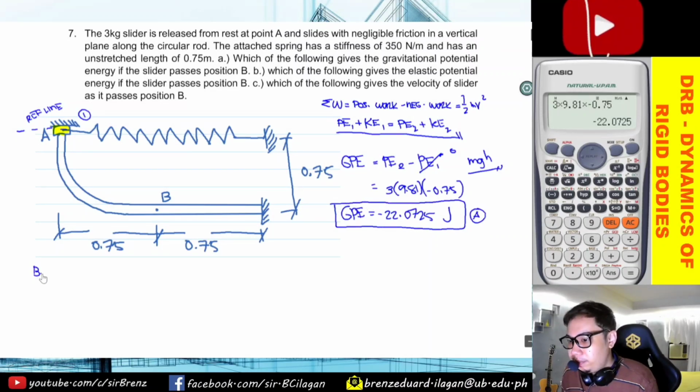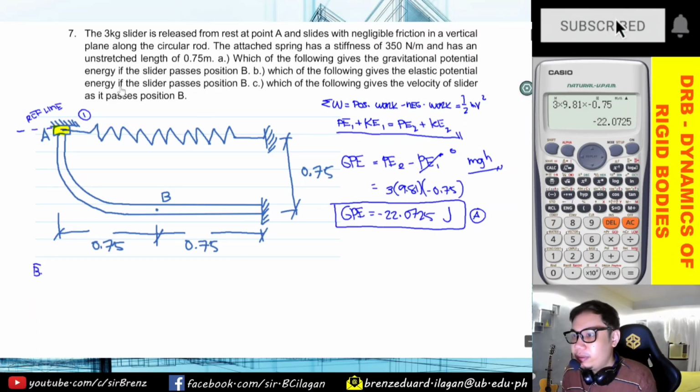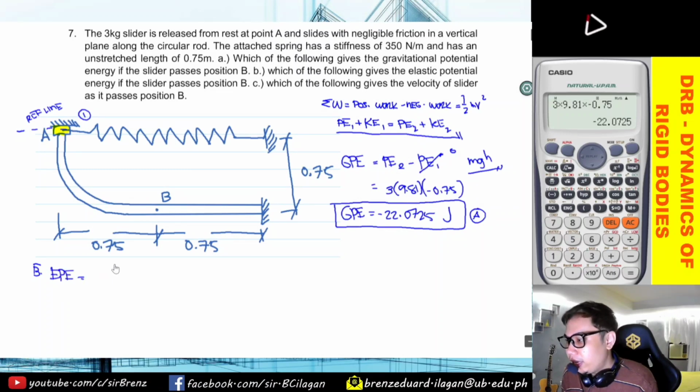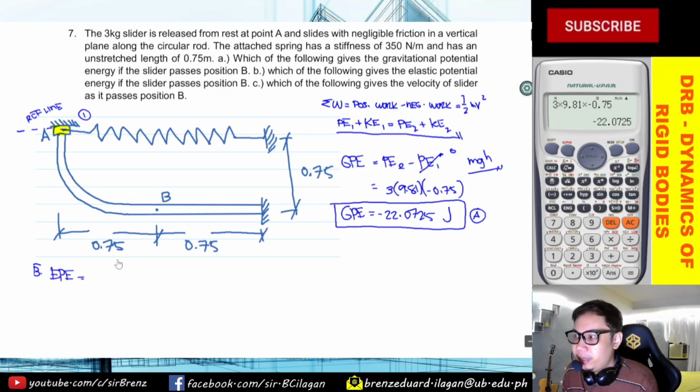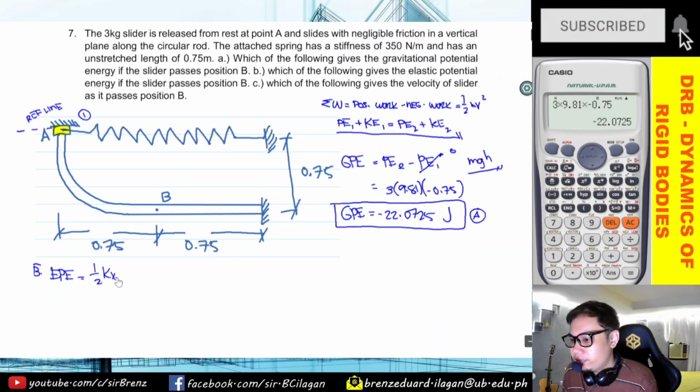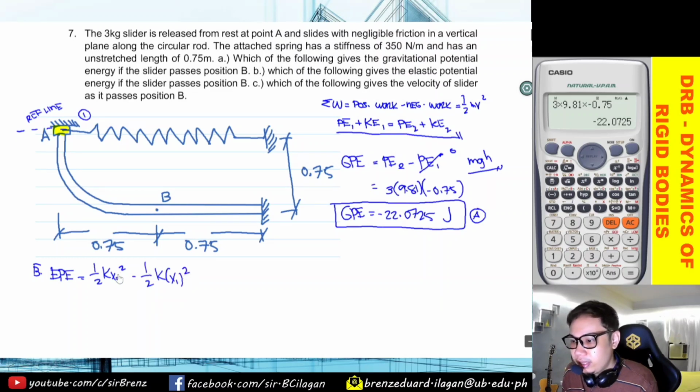Next, for letter B, para naman dun sa elastic potential energy if the slider passes position B. So, para naman dun sa elastic potential energy or yung EPE, ito naman guys yung para sa spring. Yung 1/2 kx squared, yung position 2 niya minus 1/2 of k tapos x sub 1 squared. So, ganun din guys.